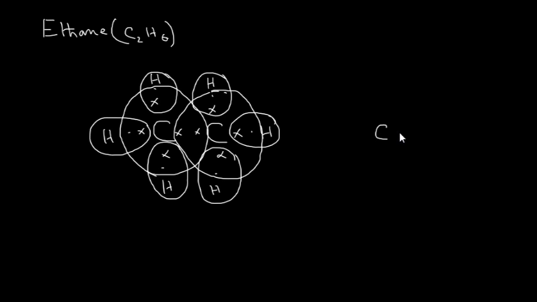If we draw the diagram in terms of bonds, 7 covalent bonds are formed.